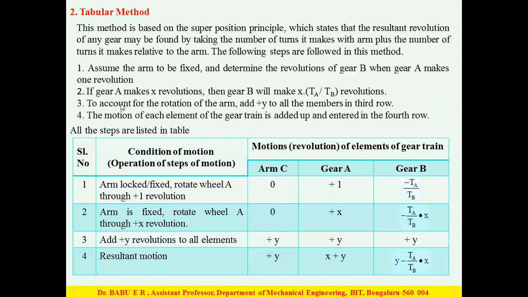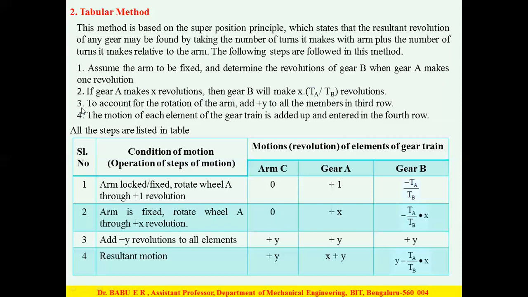If gear A makes X revolutions, then gear B will make X times TA by TB revolutions. So instead of one revolution, replace it with X revolutions.